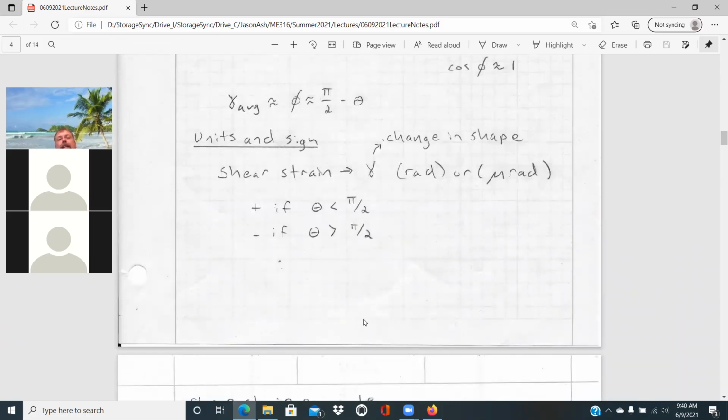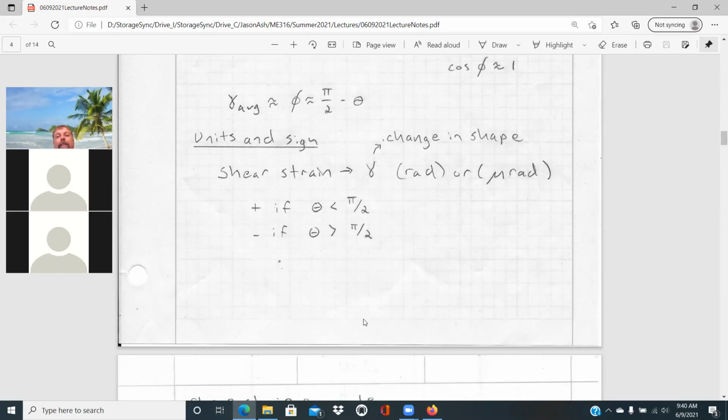And so units and sign on this, again, shear strain is defined by gamma. And again, it results in a change in shape, but not a change in volume. Its units are, again, unitless, but it's defining an angle. And so radians is a unitless angle definition.